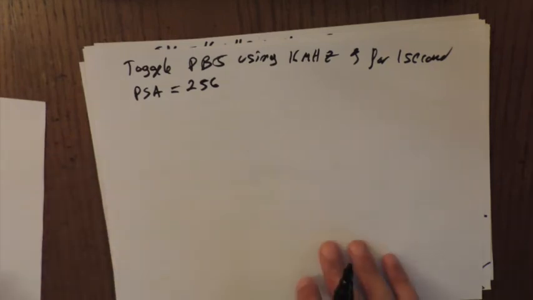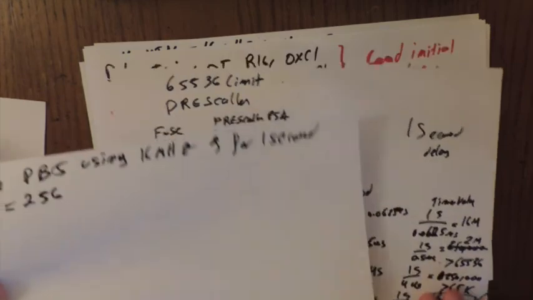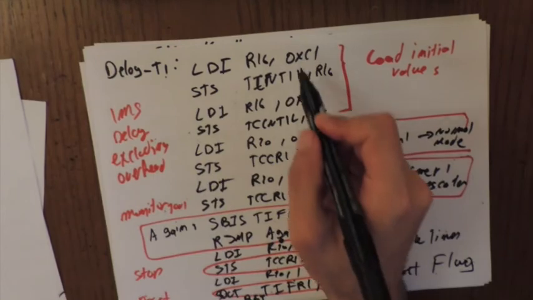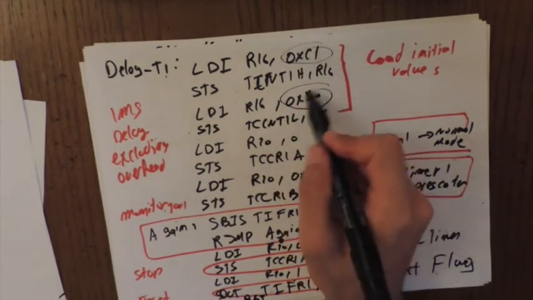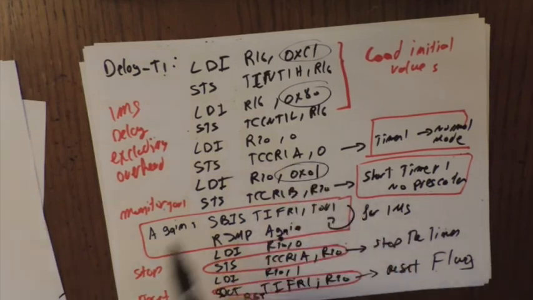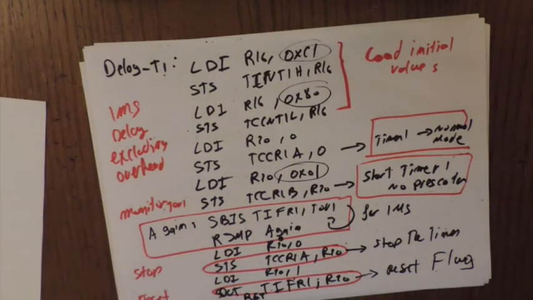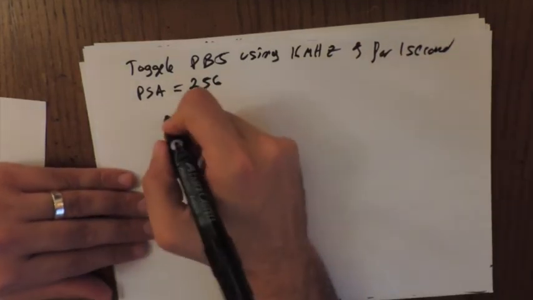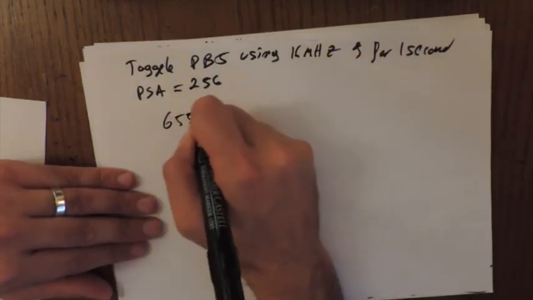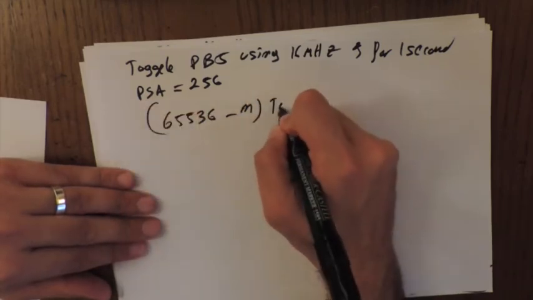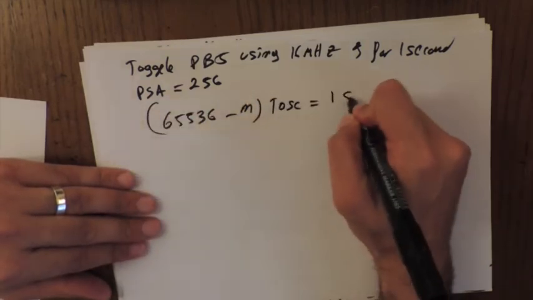We don't have to change all the program that we wrote here. We just have to change these values. So what are the values that need to be changed? Let's count them all. We said that 65536 minus n times t oscillator is equal to 1 second.